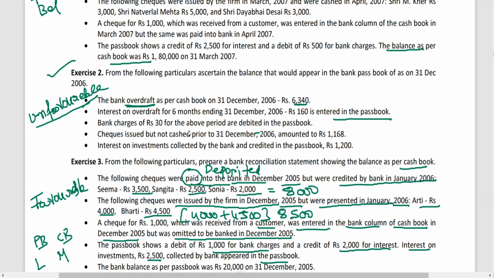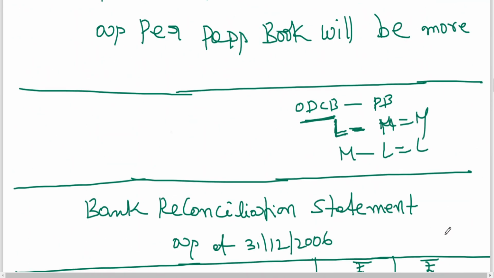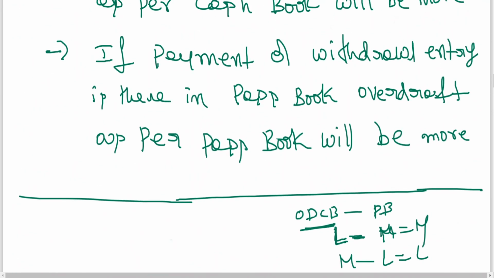Bank charges 30 for the above period are debited in passbook. Again, this debit is nothing but payment. Payment is appearing in which book? Passbook. When payment is appearing in passbook, OD will be more. I told you just now. Overdraft as per passbook is more, overdraft as per cash book is less. Less to more, more.